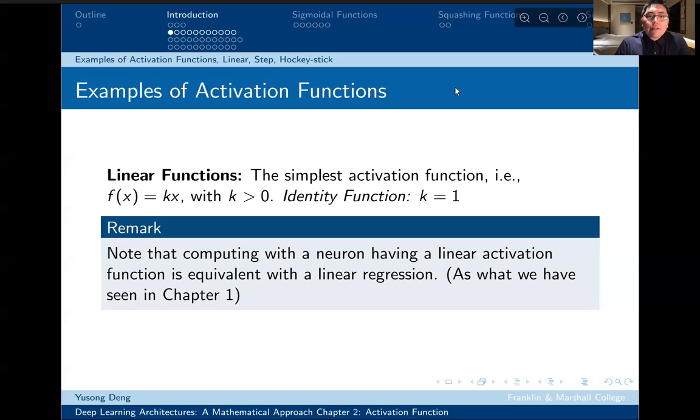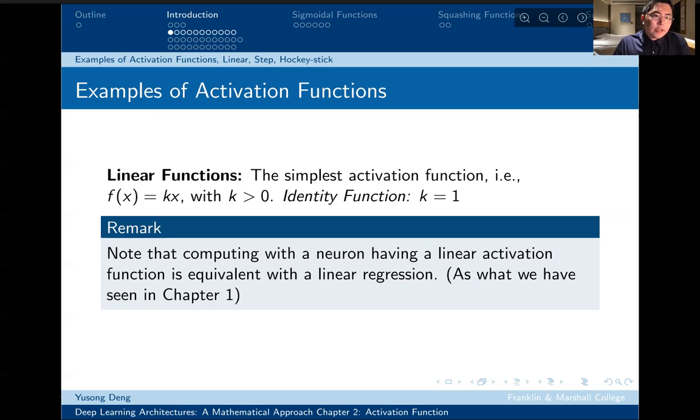First of all, the linear function. The linear function is actually the simplest activation function. I'll say f equals kx, as long as k is greater than 0. Why is k greater than 0? Frankly, I don't know, but there's no linear activation function with k smaller than 0. And we know the identity function in this group is when k equals 1, that is, when f(x) equals x.